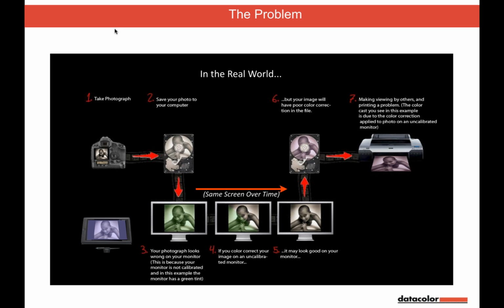But of course, if I haven't calibrated my screens, by which I mean if I haven't used a device that actually looks at and builds the profile of that display and corrects it to put those displays into an internationally accepted standard of color, that's what a color calibration device does, then basically I'm again looking at a screen that I can't trust.